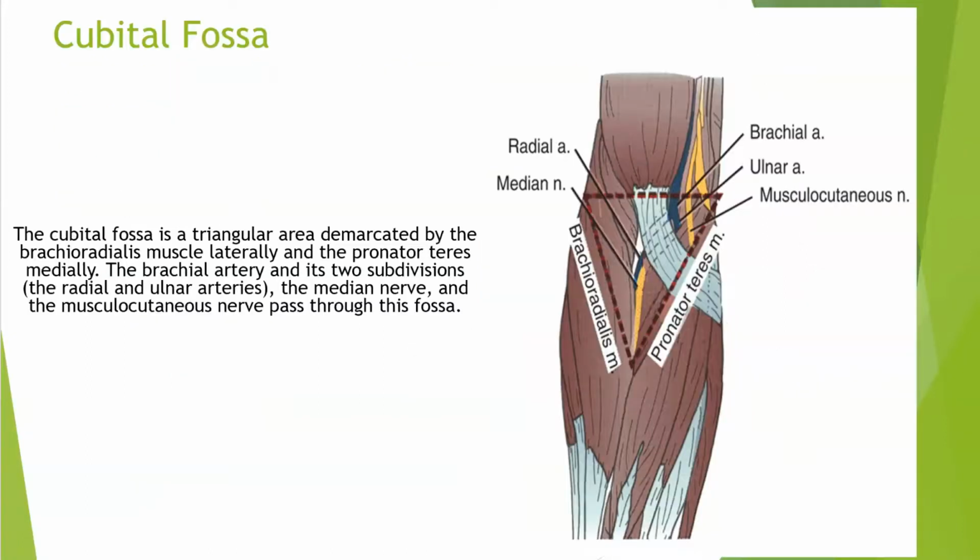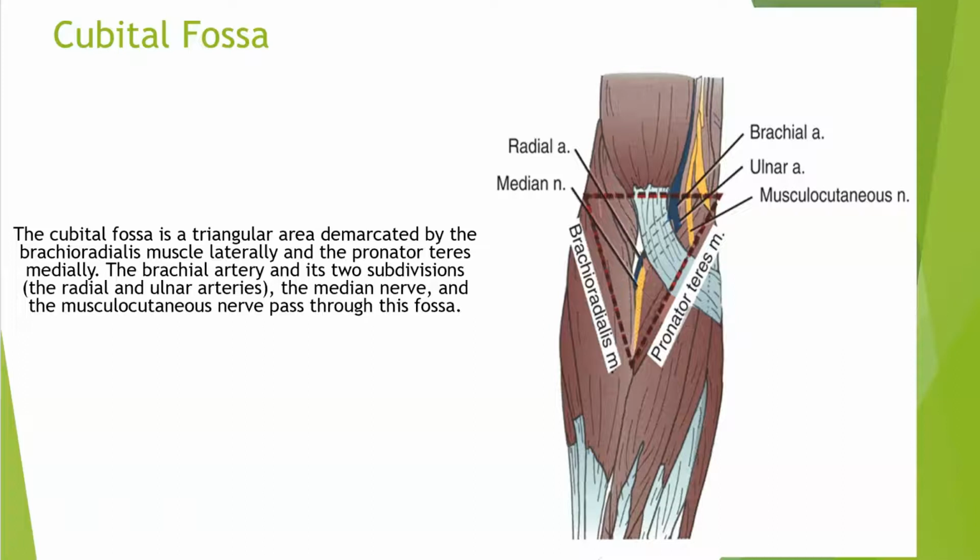It's also important to note that we have a cubital fossa. In the most anterior aspect of the elbow, in that center, what outlines the cubital fossa is going to be the brachioradialis muscle and the pronator teres muscle, and then right along that joint line of the elbow joint.